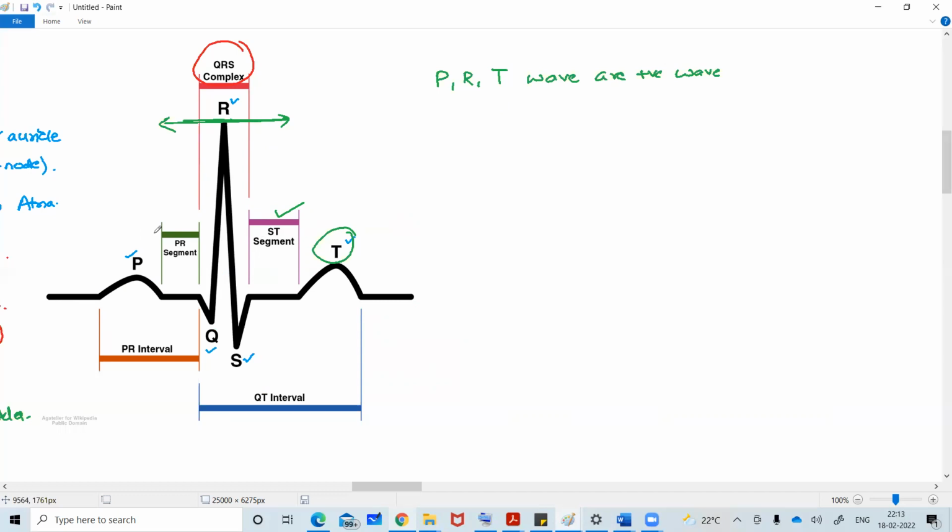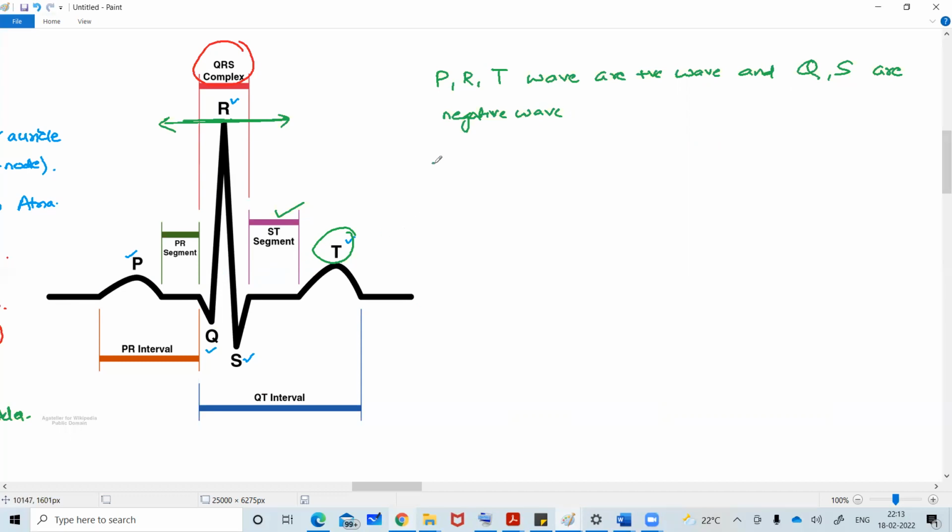P is on the positive side, R is on the positive side, T is on the positive side. That's why it is called a positive wave. And Q and S are negative waves because they are going down the graph.